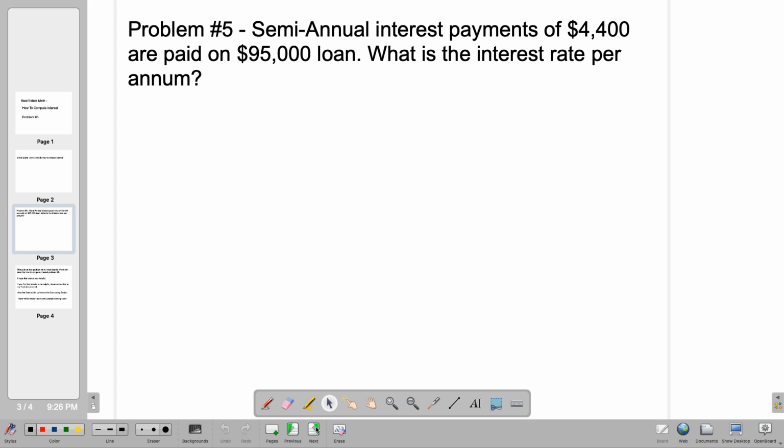Okay, so for this problem, once again, we're going to deal with principal times rate times time equals interest.